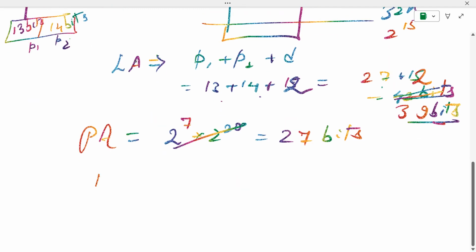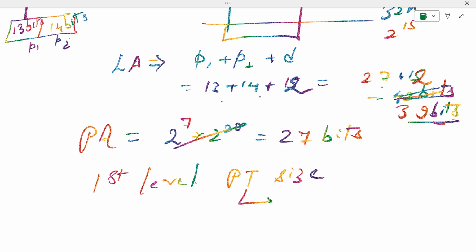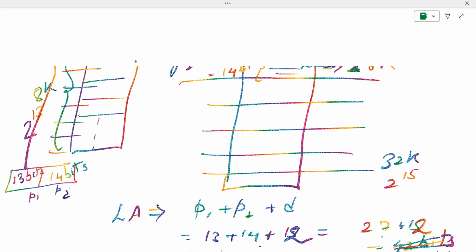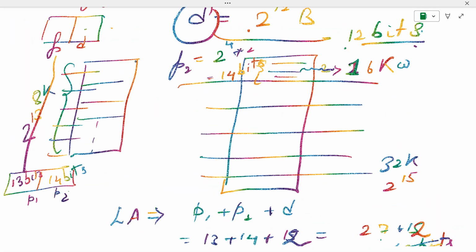Now the first level page table size, that is important, which is related to our multi-level paging. In the first level page table size, we can calculate the number of entries into the entry size. Now, entry size is fixed for both, that is equal to 32 bits, which is 4 bytes. But the number of entries in the first level page table is equal to the number of pages into which we have divided this page table.